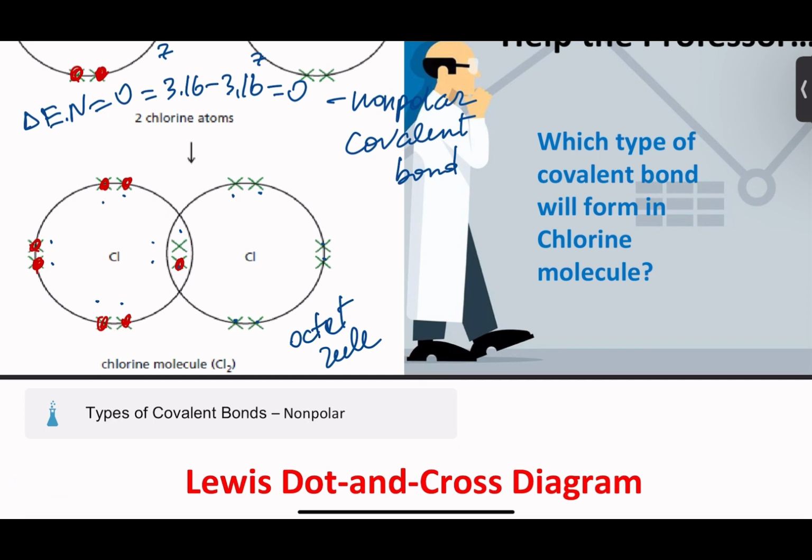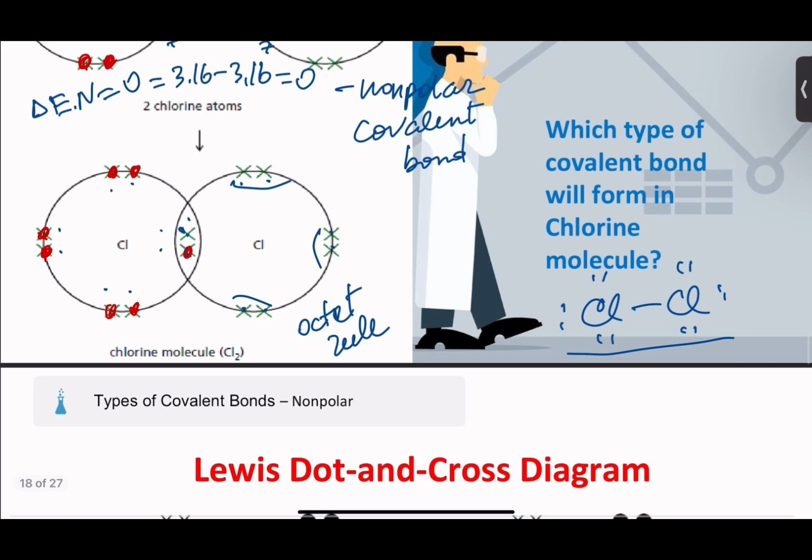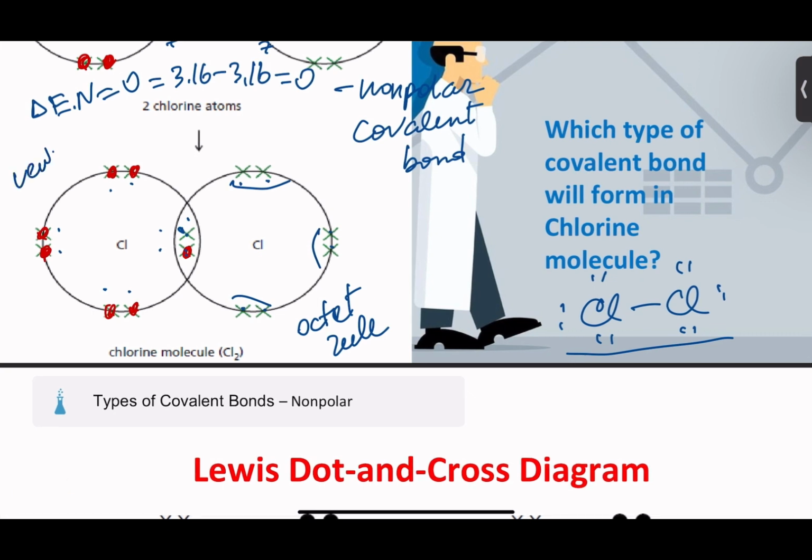Because we have 2 electrons here, it looks like this: chlorine, chlorine. The spare electrons I put in here. But this is my Lewis dot cross diagram.